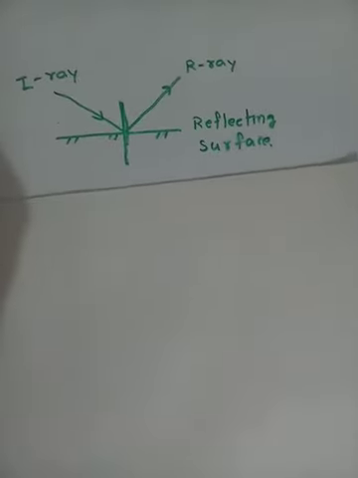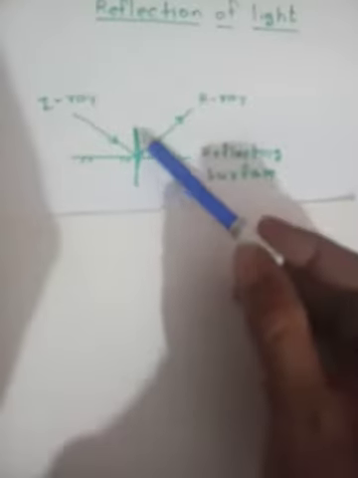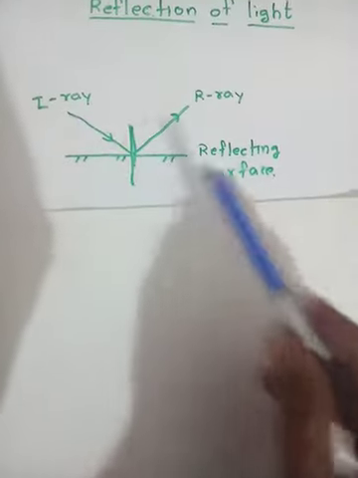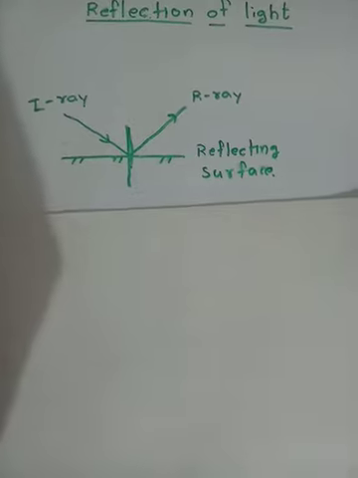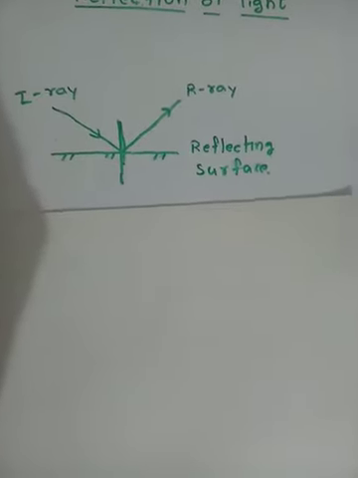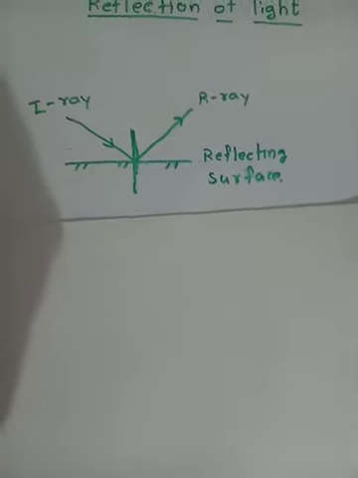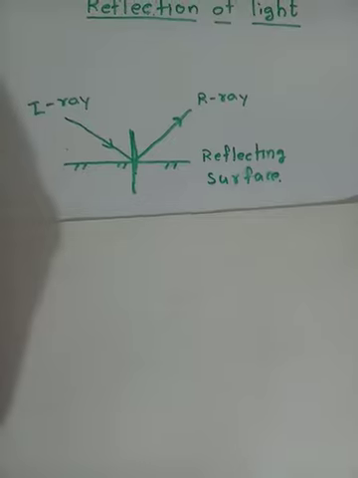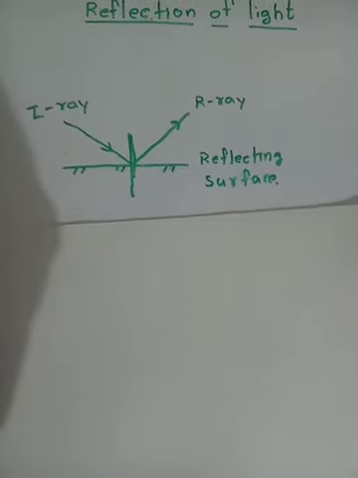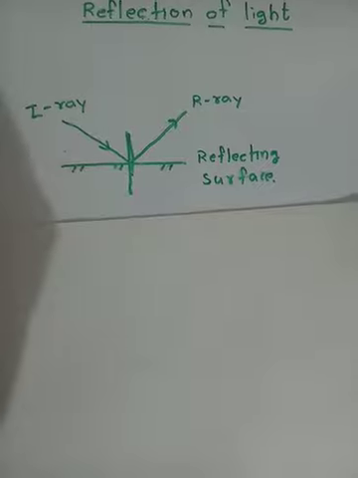What exactly happens is this: the incident ray comes towards the surface and then bounces back. The ray coming towards the surface is known as the incident ray, and the ray bouncing back is known as the reflected ray.